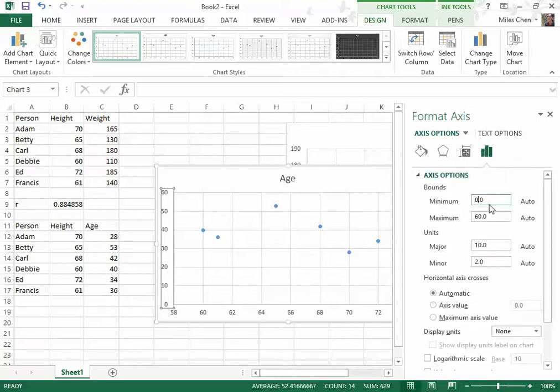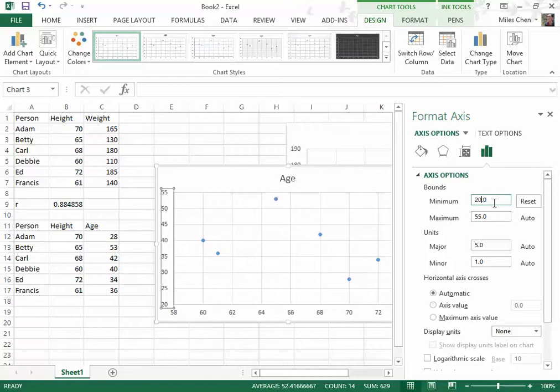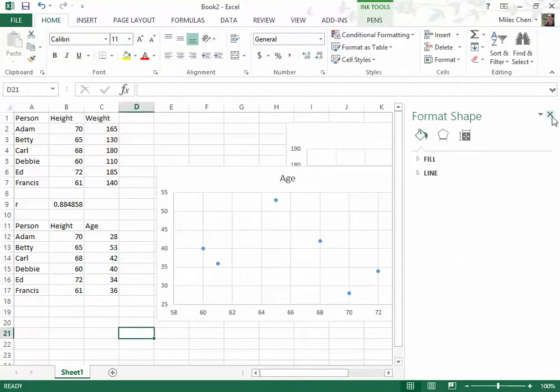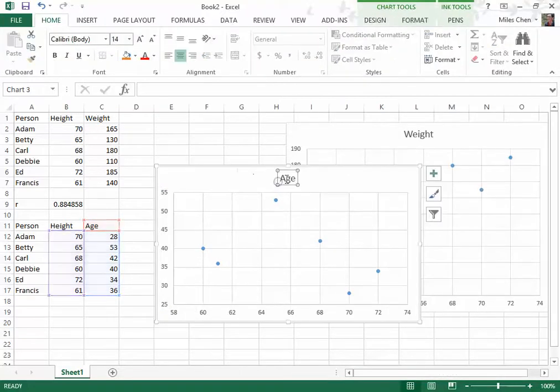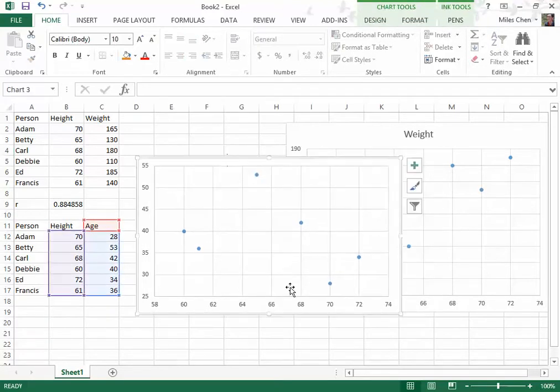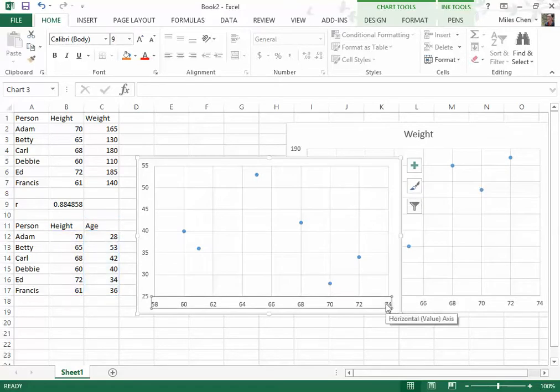Because it likes to start at 0, but let's go to 20. And maybe even 25. That looks good. Okay. You just get rid of the chart title. Okay, so the x-axis is height, and the vertical axis is age.